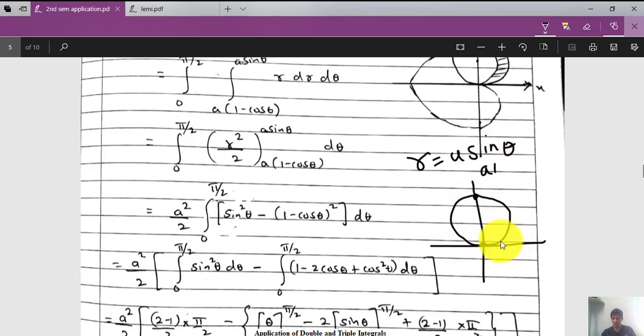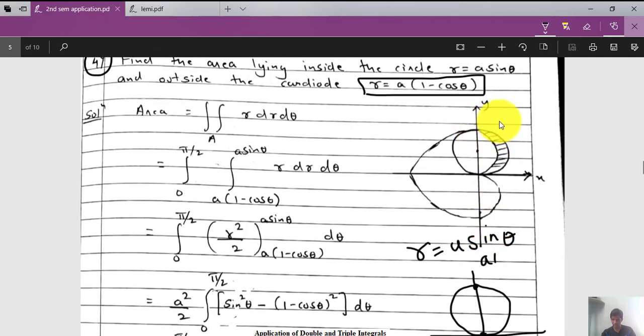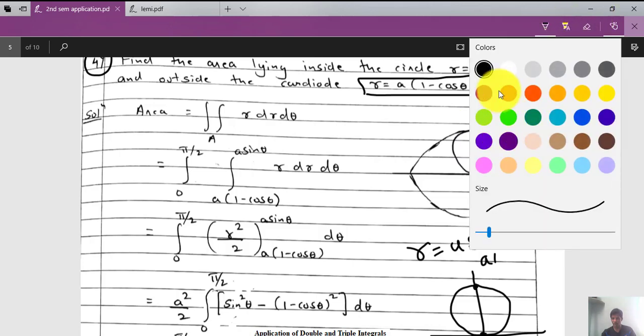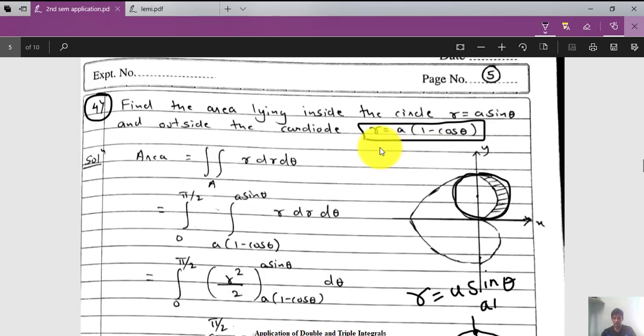Whatever value you take, from 0, then 10, 20, 30, 40, 50, 60, 70, 80, 90, and if you increase theta again, it will again turn out to be a circle like this. This is the circle on the upper half plane, so when you plot the graph for different values of theta, you will have this particular graph.